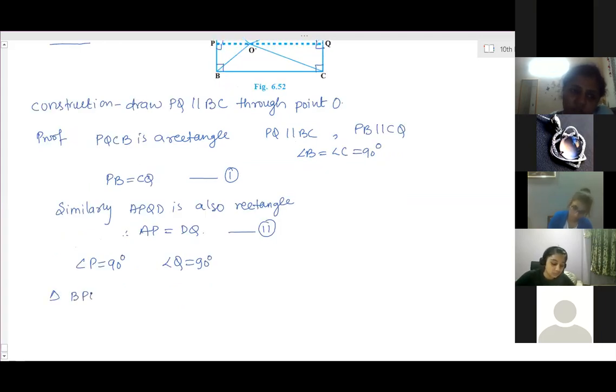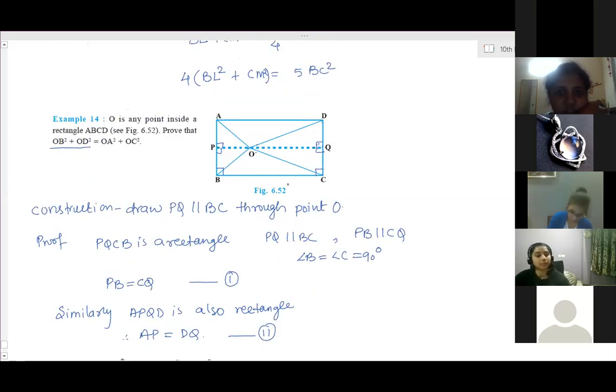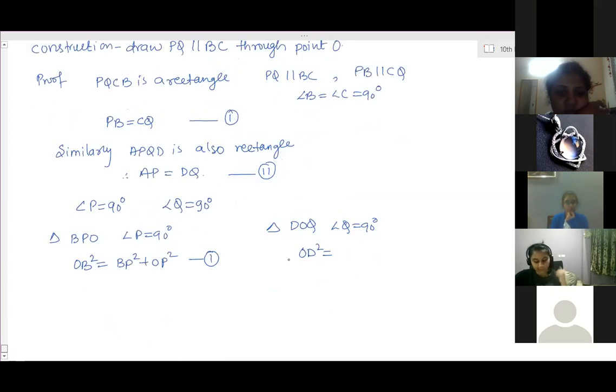Triangle BPO, angle P is equal to 90. So by Pythagoras theorem, OB square is equal to BP square plus OP square. Equation 1. Triangle DOQ, angle Q is equal to 90. So OD square is equal to DQ square plus OQ square. Then triangle APO, angle P is equal to 90.